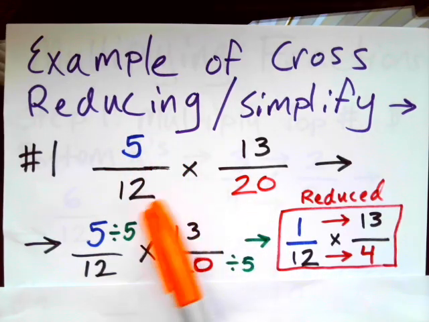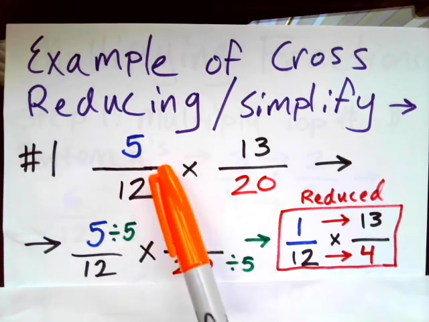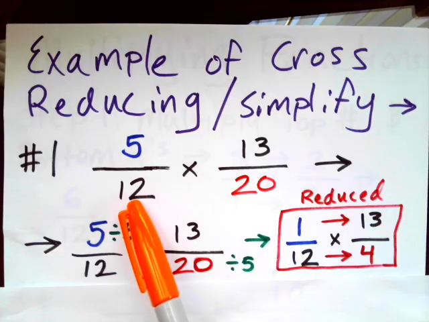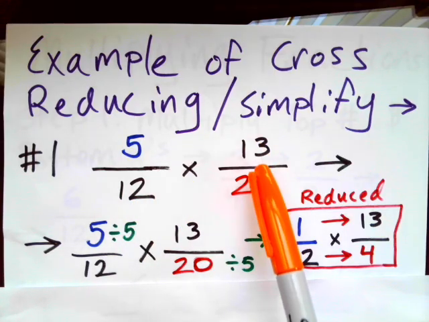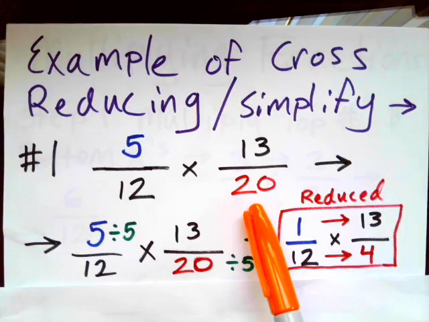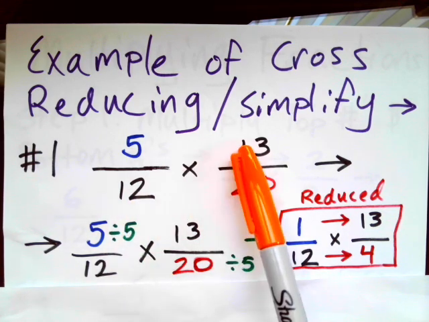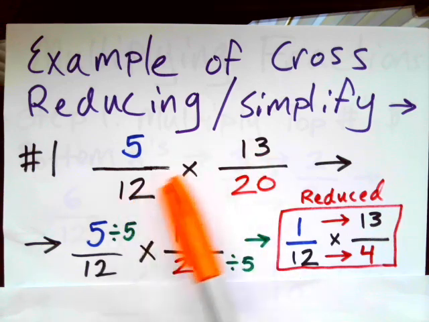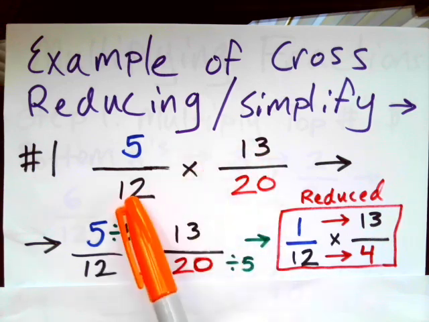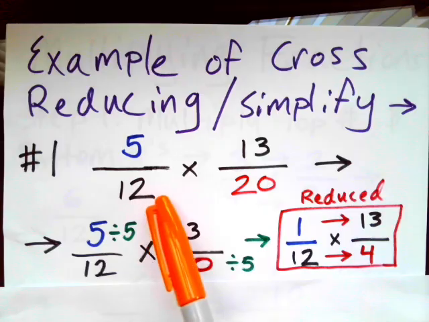Remember, every fraction is a division problem. So this really means 5 divided by 12 times 13 divided by 20. Here, I want to show you how to reduce. So we look at the numbers 12 and 13. Can either of these numbers be simplified? What do I mean by that?